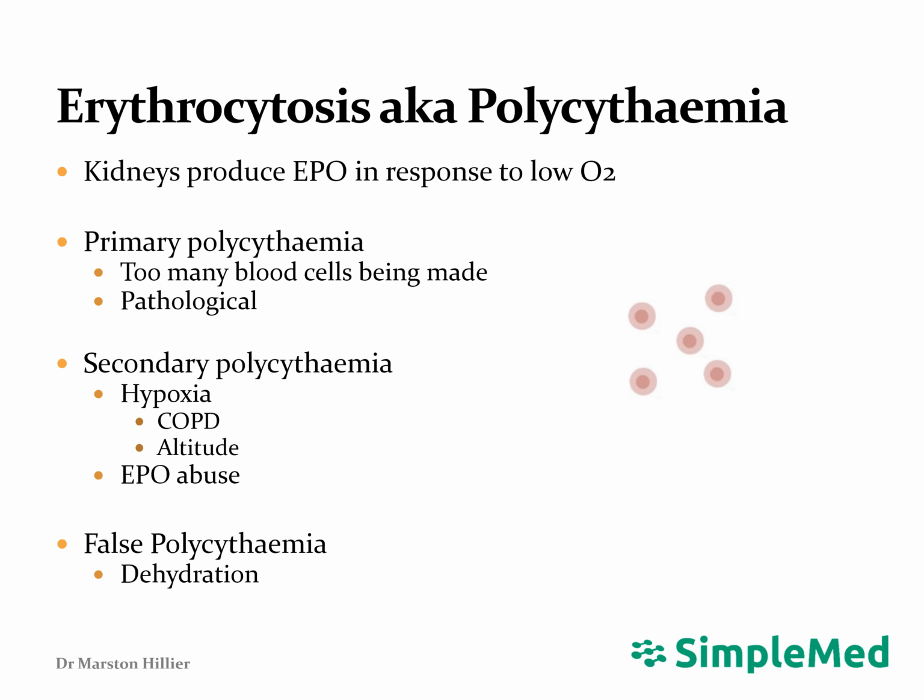EPO abuse, such as in athletes, may lead to a polycythemia, where the additional hemoglobin circulating can increase endurance. It is, however, worth bearing in mind that you can have a false polycythemia.